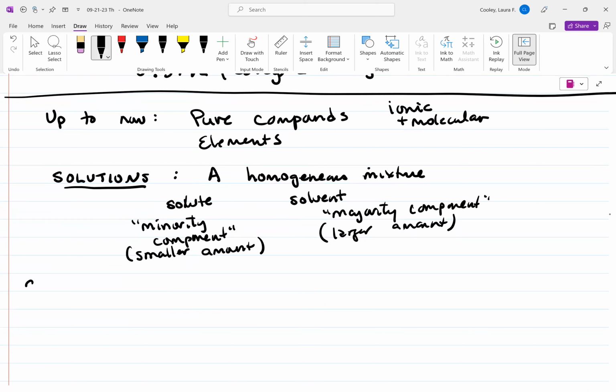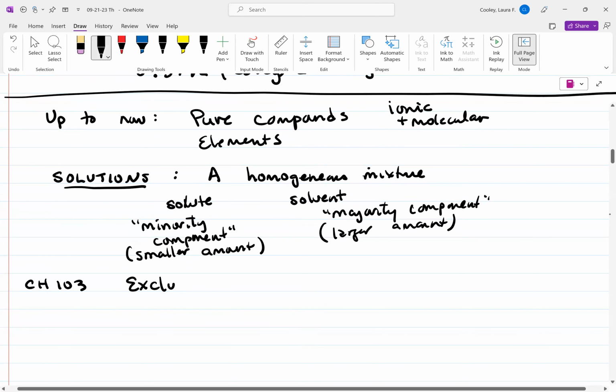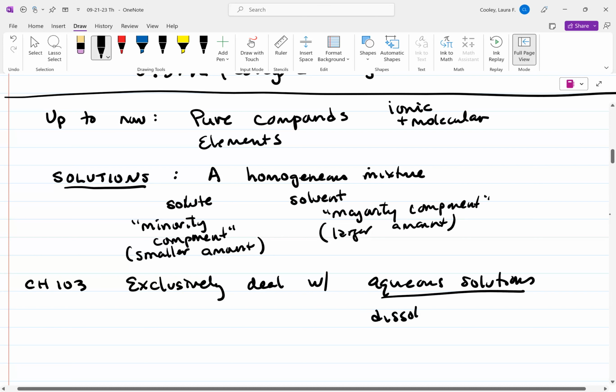In this course, in Chem 103, we pretty much exclusively deal with aqueous solutions. What does that mean? Yes, that means dissolved in water. So that's really all I need to talk about here.